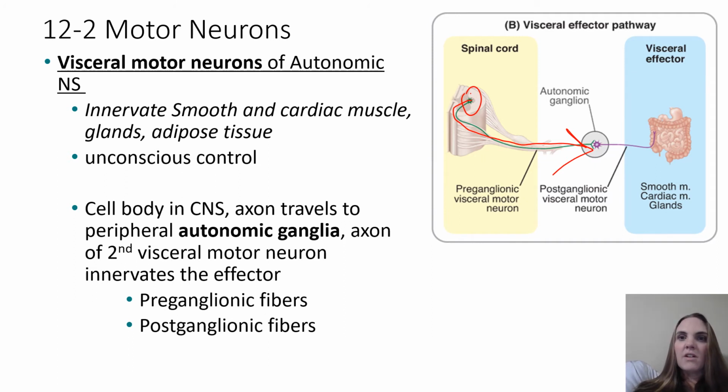So we're going to have our first neuron originating in the central nervous system. Its axon is going to travel out, and it's going to communicate with a second neuron whose cell body is in this autonomic ganglia. And then the axon of that second neuron is going to go and innervate our visceral effector, which is going to be our smooth muscle, our cardiac muscle, our glands, etc.